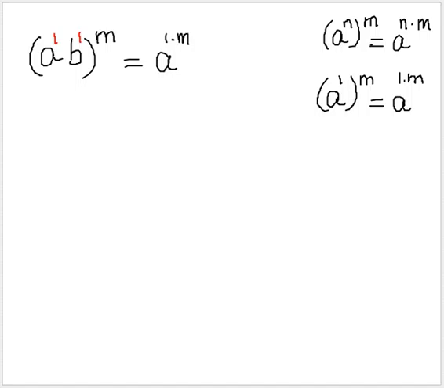And then here would be b to the power of 1 times m. So this would be the same as a to the power of m times b to the power of m. If you follow this concept, could you please put a check mark next to your name?